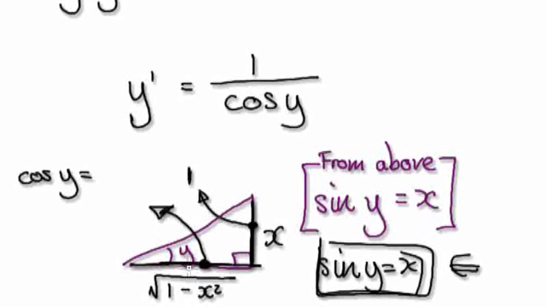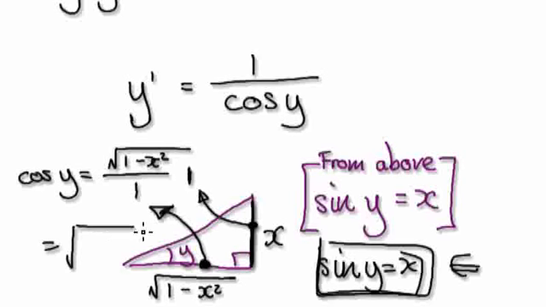So this length is root 1 take away x squared. So cos of y is root 1 minus x squared over the hypotenuse, which is 1. Because it's divided by 1, it just stays as root 1 minus x squared. So cos y equals this thing here.